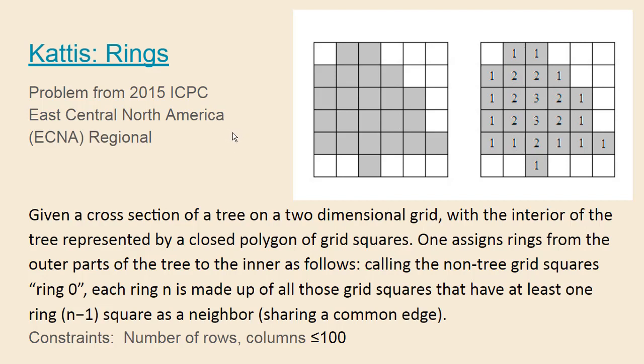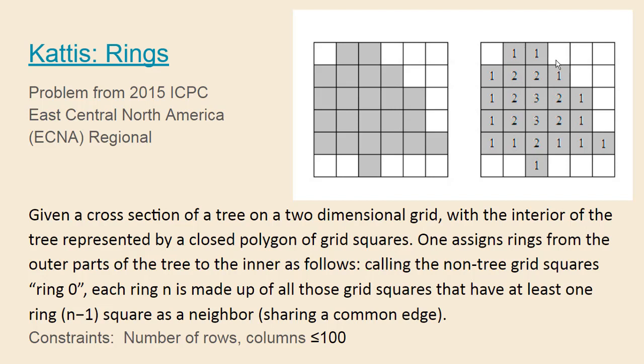For this problem, we are given a cross-section of a tree in a two-dimensional grid. Looking at this picture here, the left side is the input, which is essentially giving us this cross-section of the tree. The interior is represented using this gray color, and the outside is white.